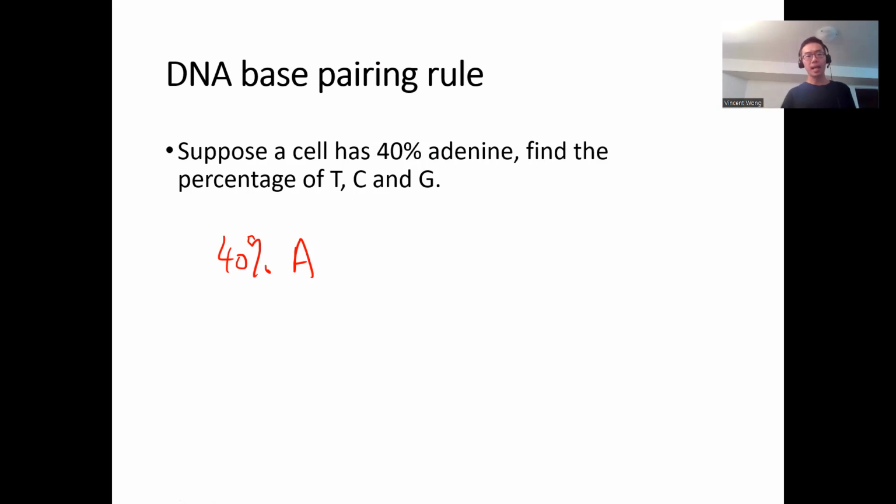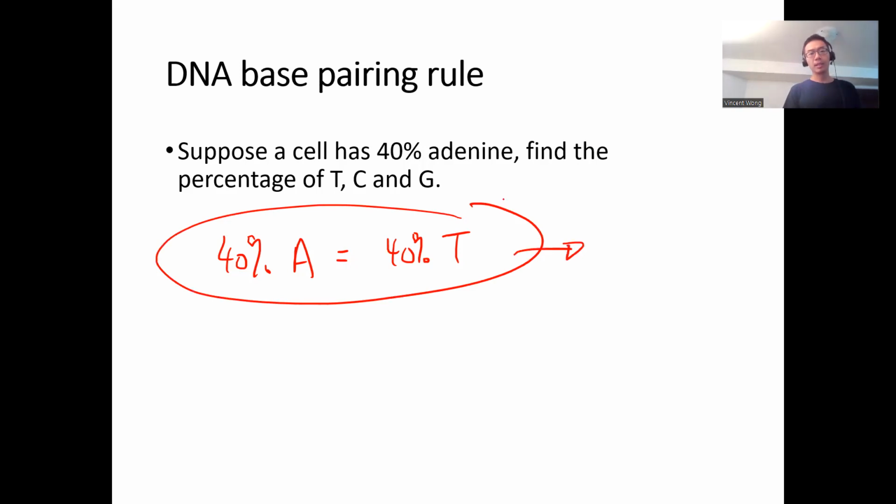Yeah, T, right? Exactly, because A pairs with T. So if you have 40% A, you will also have 40% T. They are the same. Now together, the A's and the T's add up to 80%. Everything is 100%, so if you subtract 80%, you have 20% left.